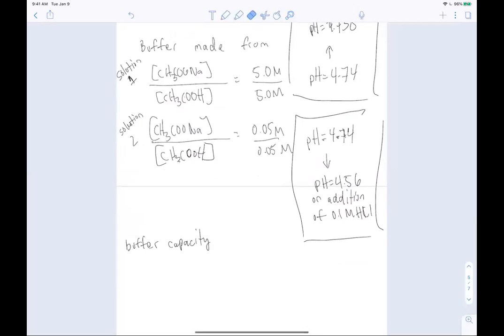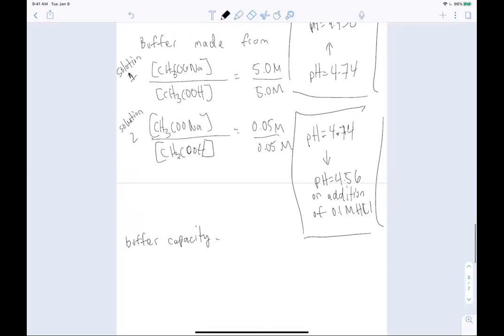I have to look at how we've asked this previously, but buffer capacity is, I guess I'd say, a measure of how resistant a buffer is to pH change.